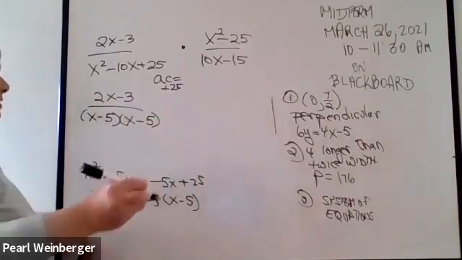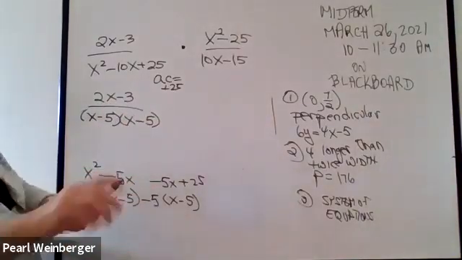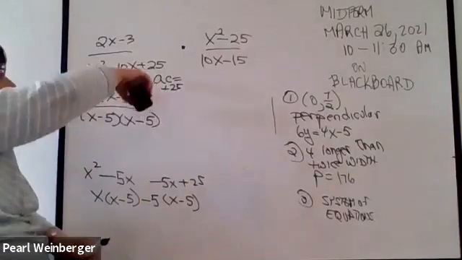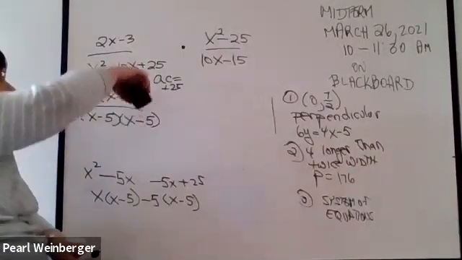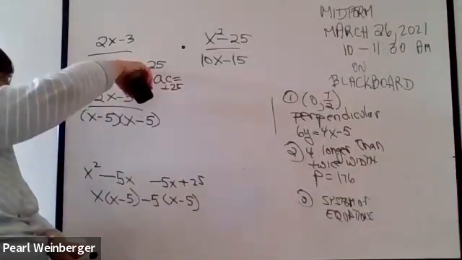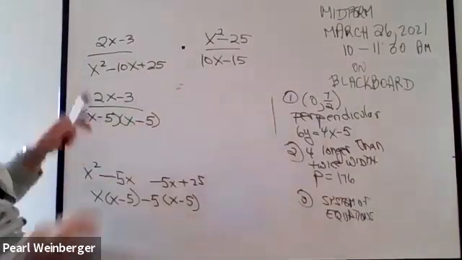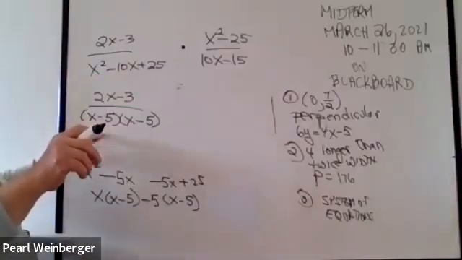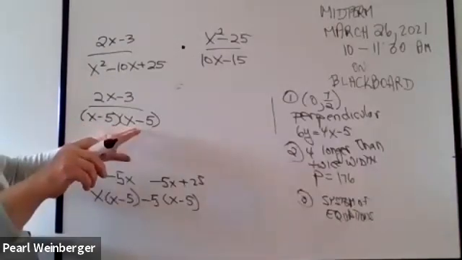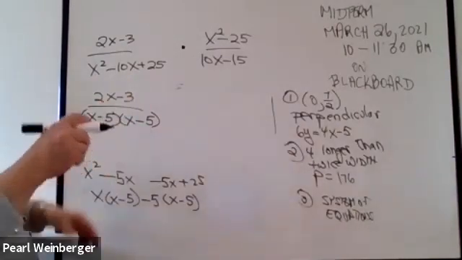They're both minuses because they both have to have the same sign because the last term is positive. And since the middle term was negative, they both had to be negatives. So x squared minus 10x plus 25 factored into x minus 5 times x minus 5.